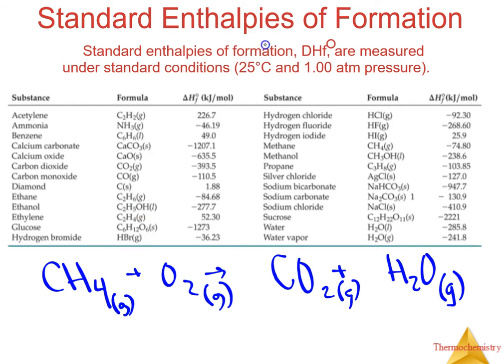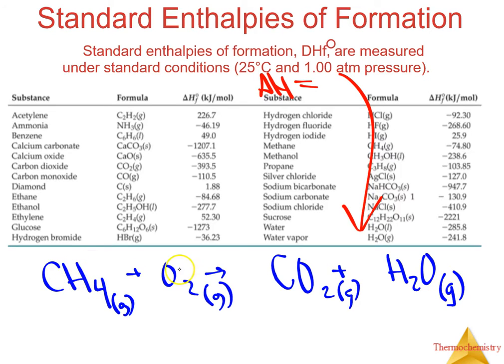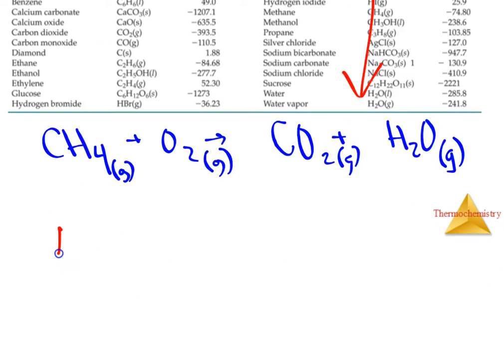So what we're going to do is use Hess's law. I don't know the delta H for this combustion reaction, but I can find the delta H for this, this, this, and this, and then I can add them all together. We had a slide a long time ago that said that our change in enthalpy is equal to the sum of enthalpy of my products minus the sum of enthalpy of my reactants.